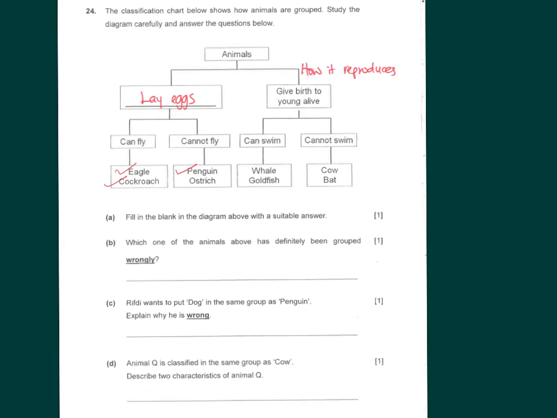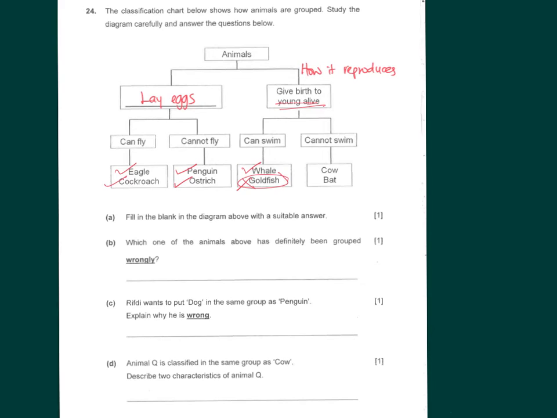Ostrich, also a flightless bird, yes, so correct. Give birth to young alive, can swim. So give birth to young alive, true, can swim, true. Now, goldfish, does it give birth to young alive? No, so goldfish usually lay eggs. So this is the one that's wrong.